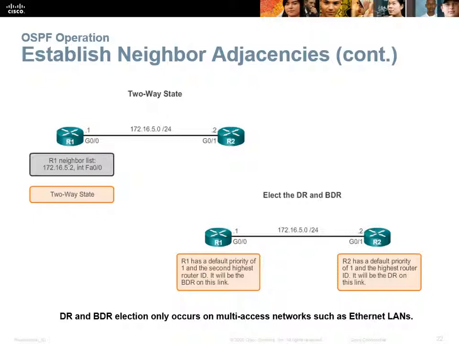Router 1 takes the neighbor list that came from router 2, and then it understands it. Then R1 will just share its default priority of 1 in the second router, highest router ID. In this case, it's going to be the backup designated router. Why? Because router 2 has a default priority of 1, and it's the highest router ID.